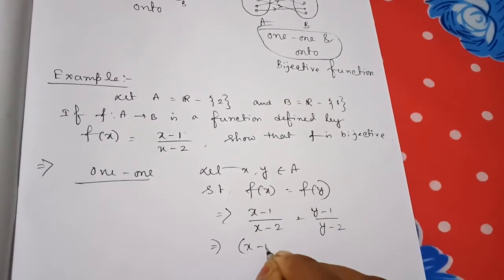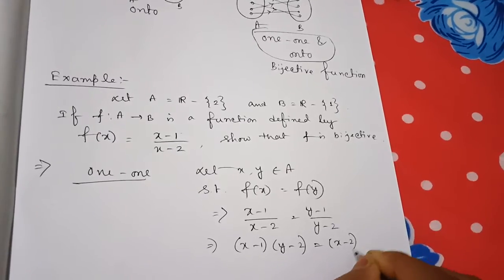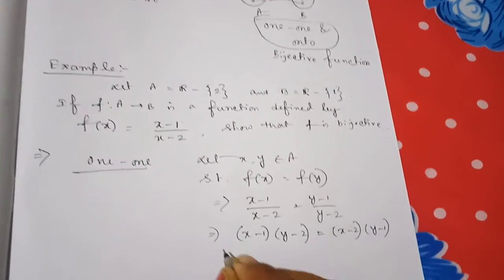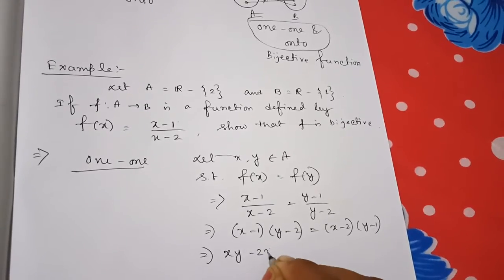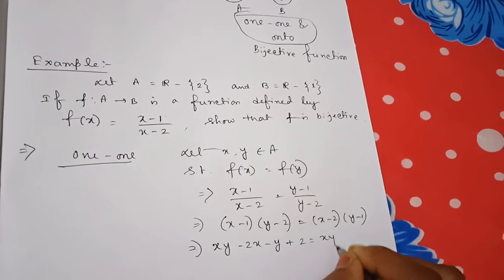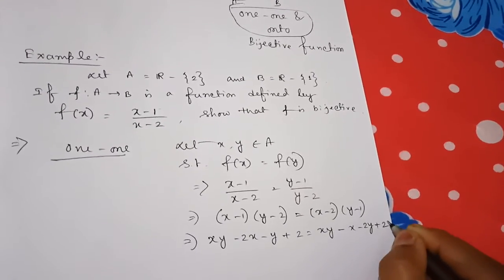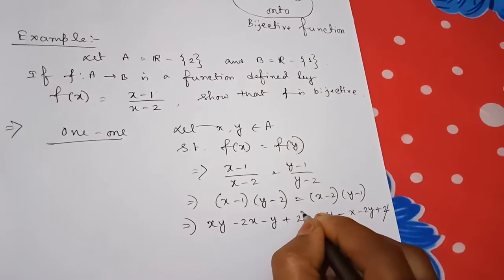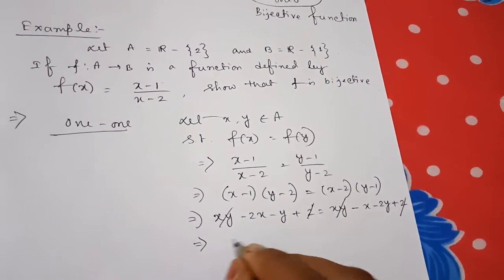From this, (x - 1)(y - 2) = (x - 2)(y - 1). Simple multiplication: xy - 2x - y + 2 = xy - x - 2y + 2. xy will be cancelled out.